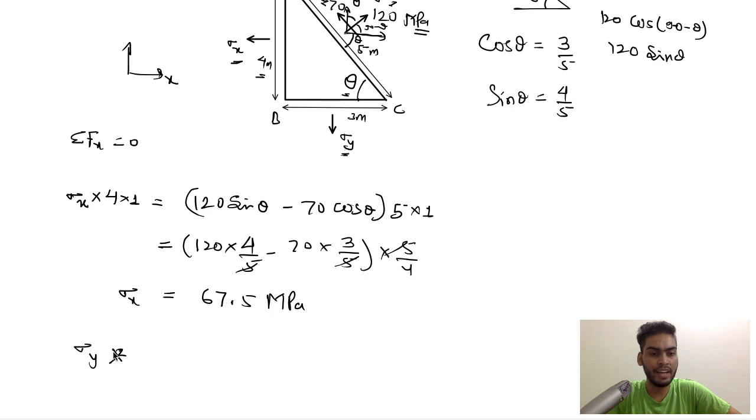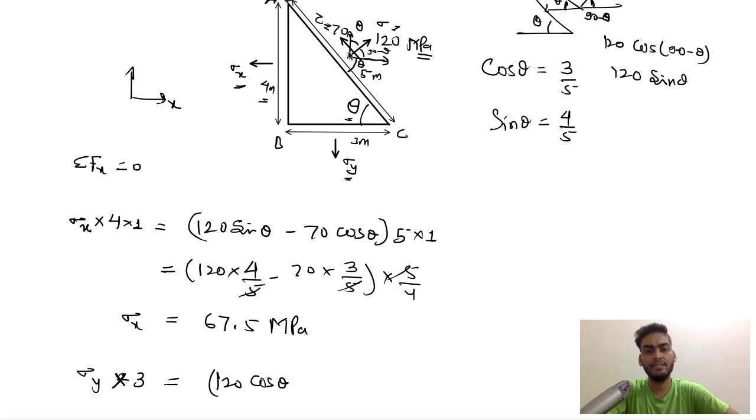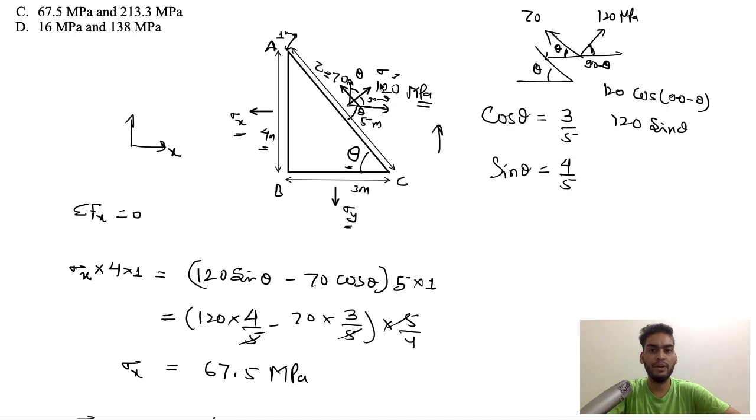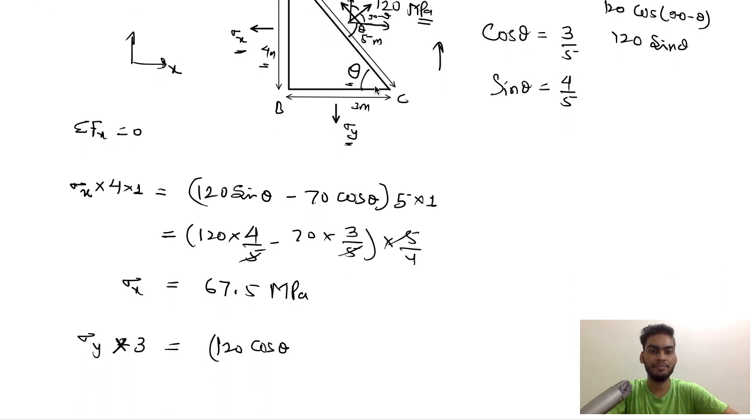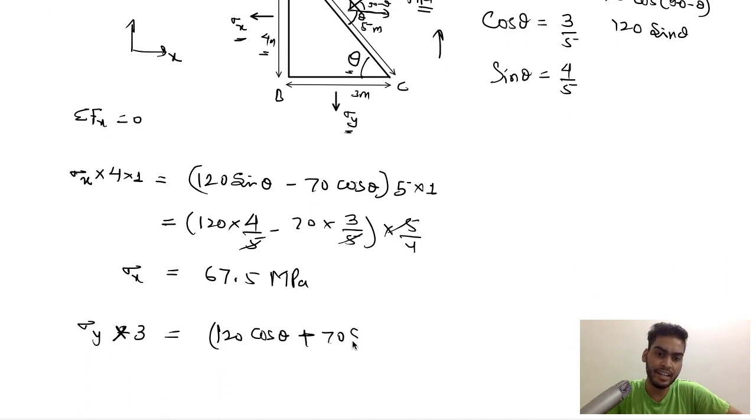So sigma y times 3 will be equal to 120 cos theta. If we take the vertical component, 120 cos theta plus 70 sin theta, like how we have done in the previous expression, times 5 into 1.